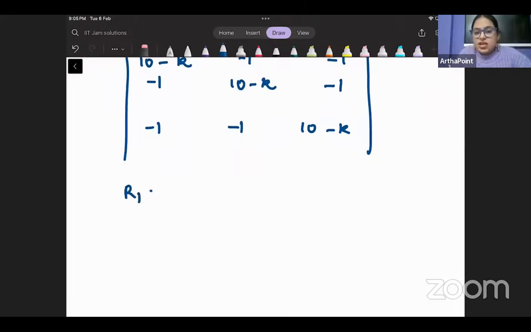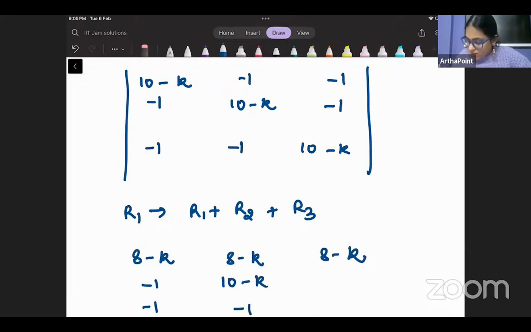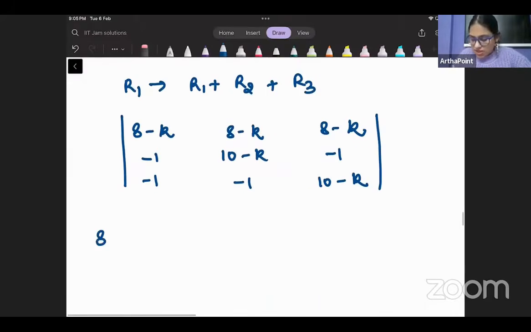So if I just take R1 to R1 plus R2 plus R3, beta, I will get 8 minus k, 8 minus k, 8 minus k; minus 1, minus 1, 10 minus k; minus 1, minus 1, 10 minus k.